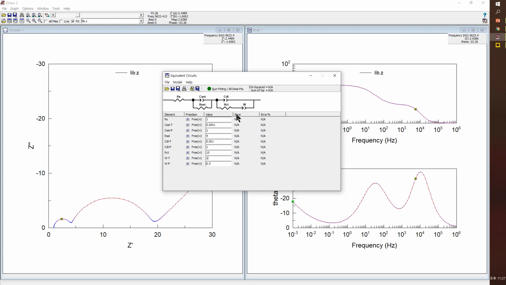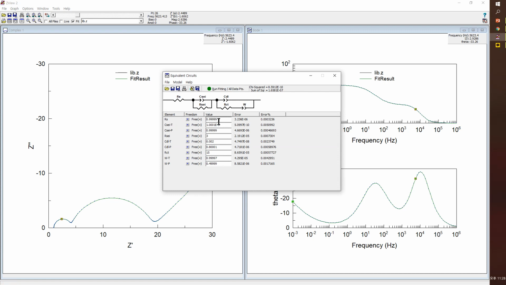If you have a very bad initial value, you cannot find the good answer in this non-linear least square fitting. But I believe we have a good initial guess. Then run fitting. It takes some time.